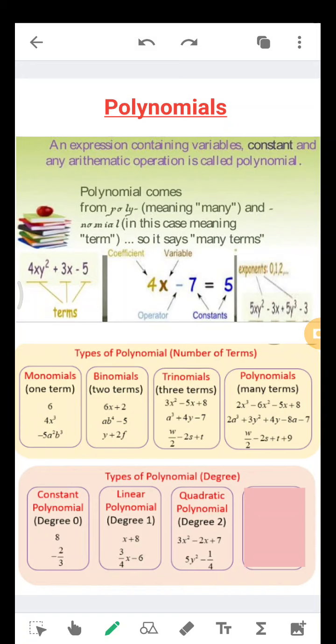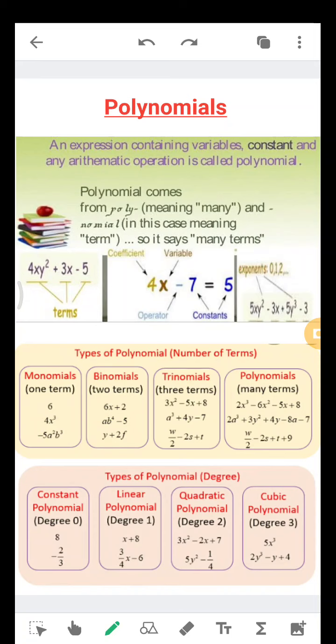Then what do you call a polynomial whose degree is 3? Any idea? Yes, you're right. It is called a cubic polynomial. So if a polynomial has degree 3, that type of polynomial is called a cubic polynomial.